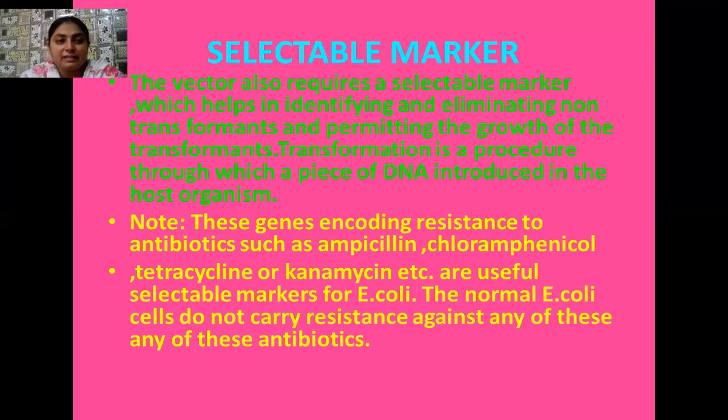This means the tetracycline antibiotic does not show any effect over them. So there is a smooth growth of the transformants seen over the tetracycline plate. In this way, you are able to find out the transformants from the non-transformants.